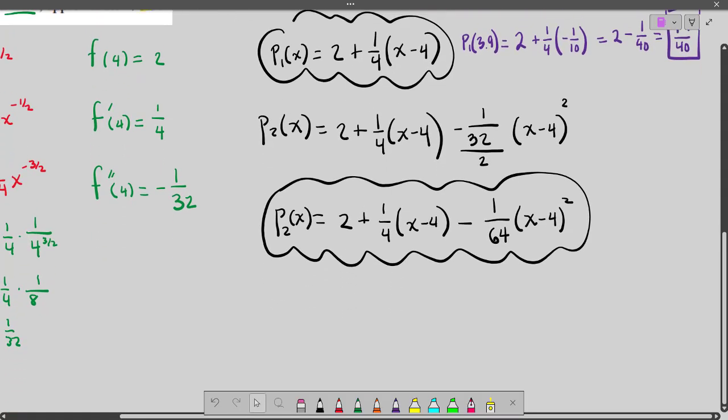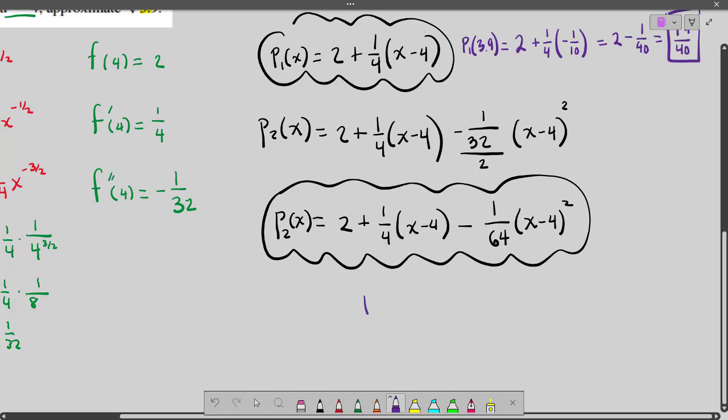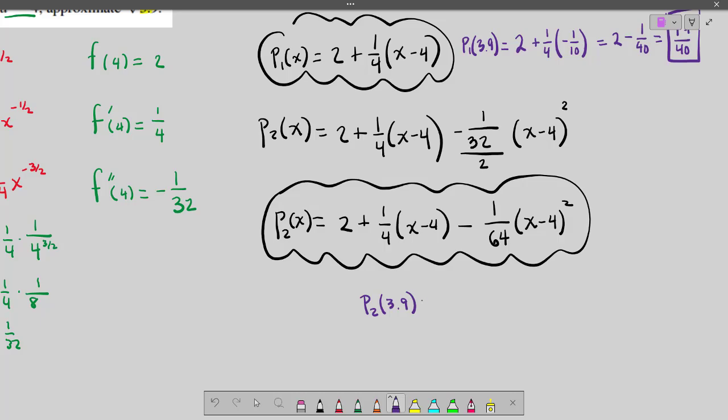And then, same idea down here, so p sub 2 of 3.9. We're going to have 2 plus a fourth times 3.9 minus 4, which is negative 1/10, and then minus 1 over 64, again negative 1/10, quantity squared.